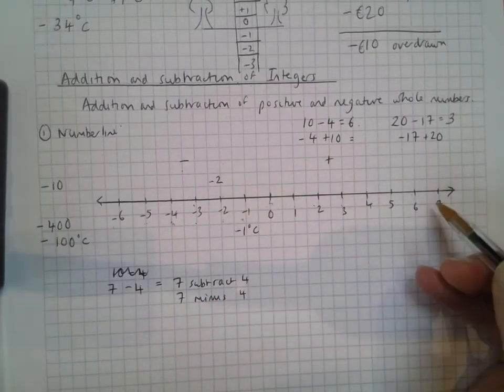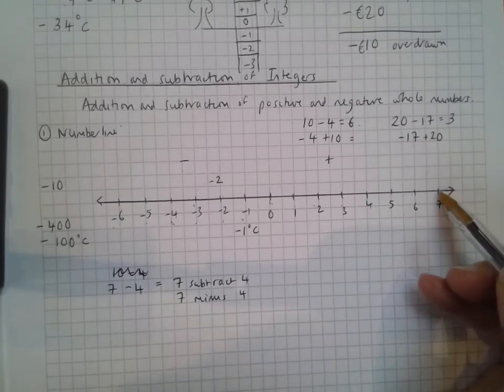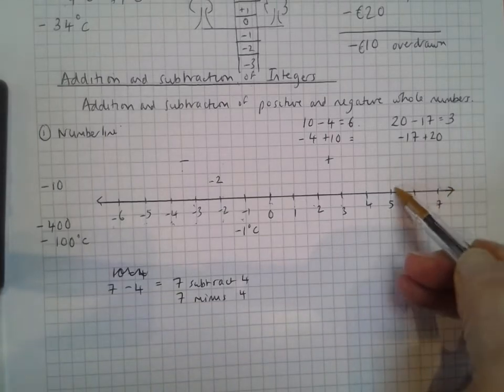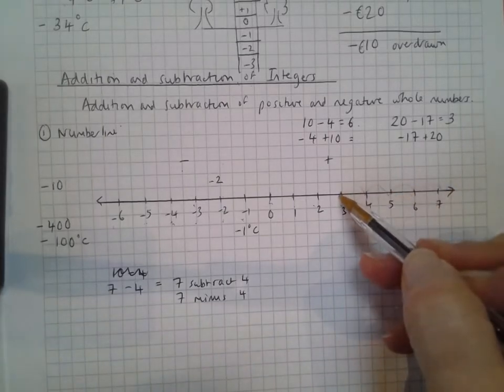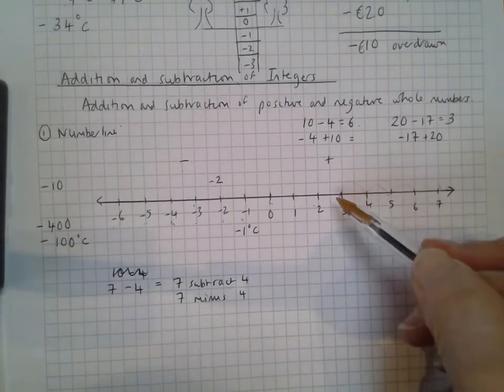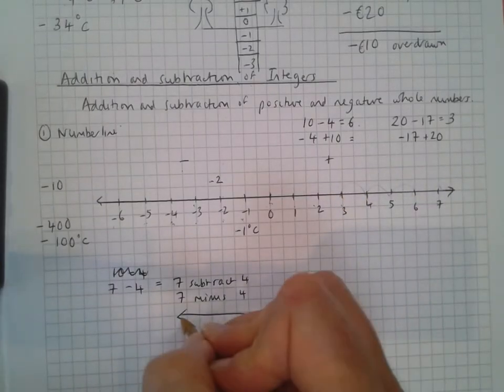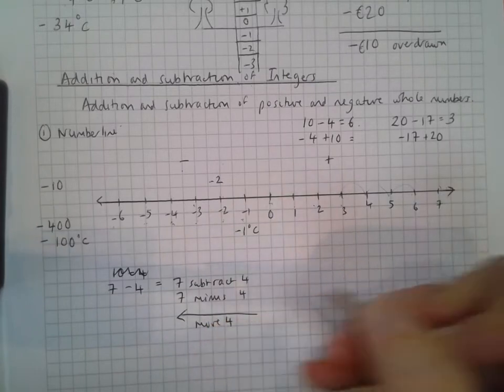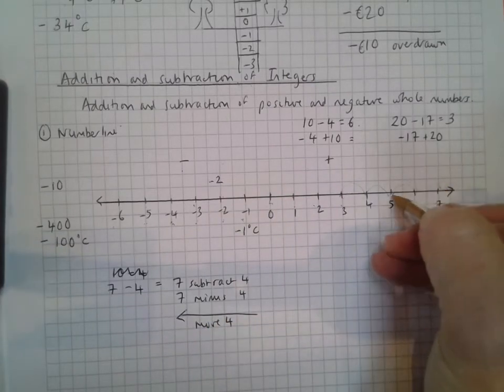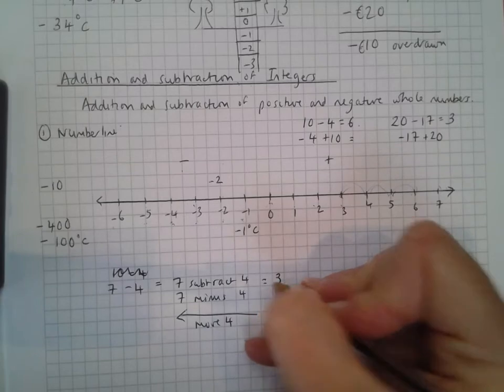What we mean is take 4 away from 7. So let's see, 1, 2, 3, 4. We move to the left because we're subtracting, and we move 4 spaces. We know the answer is 3.